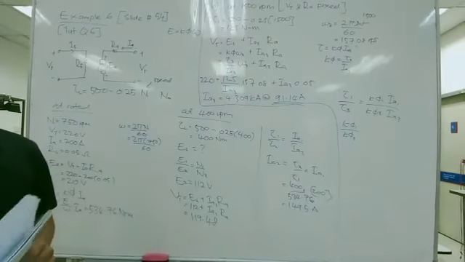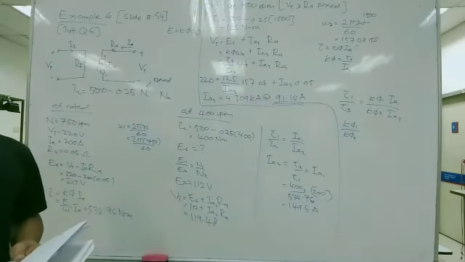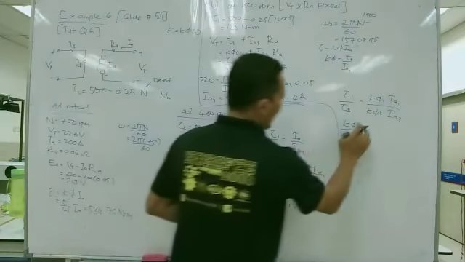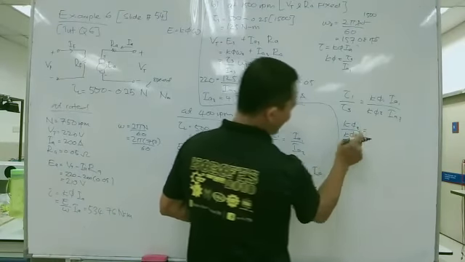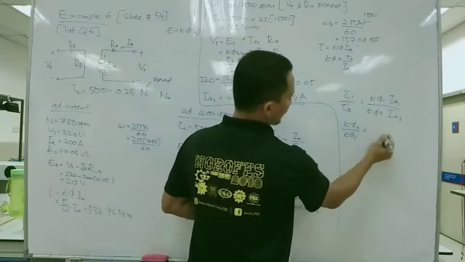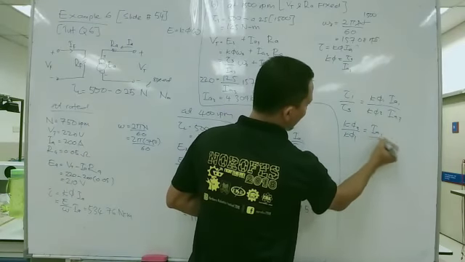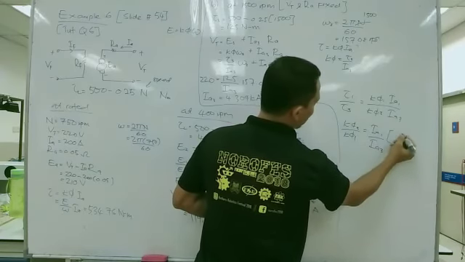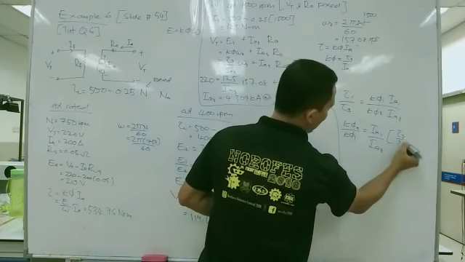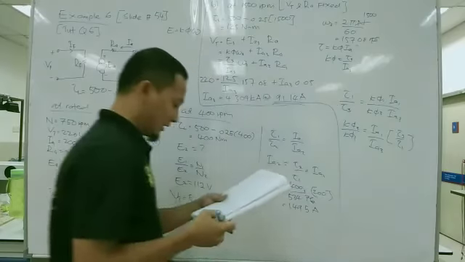So K flux 3 over K flux 1 equals IA1 divided by IA3 times torque 3 over torque 1.